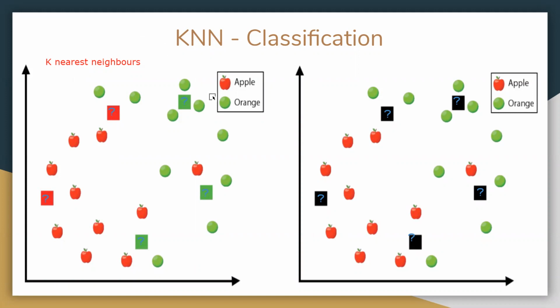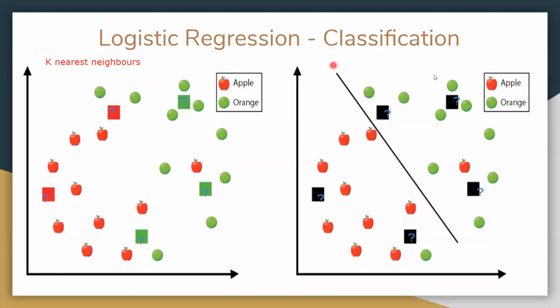Right. So next, similarly, you can apply another technique, that is logistic regression. What are you going to do? We know that in logistic regression, we draw a decision boundary or decision line like this, which identifies that left of this line they are apples, right of it they are oranges.